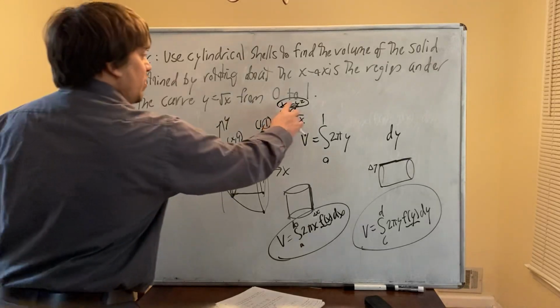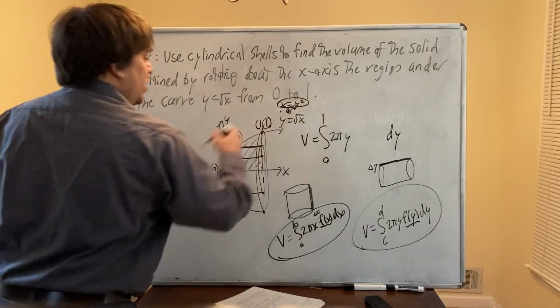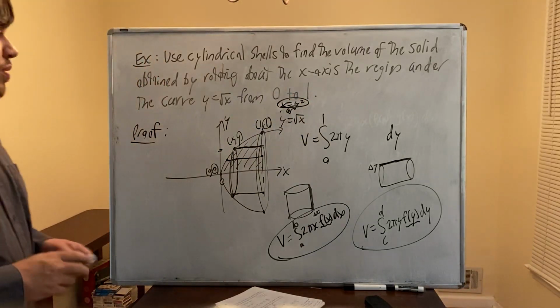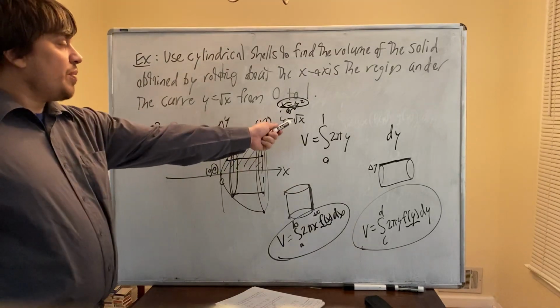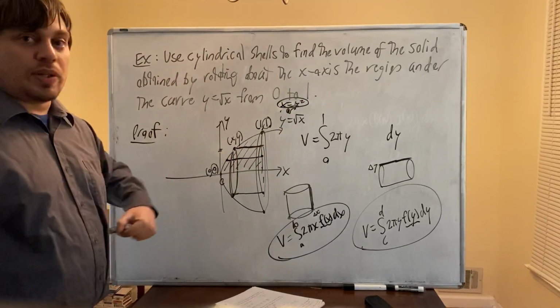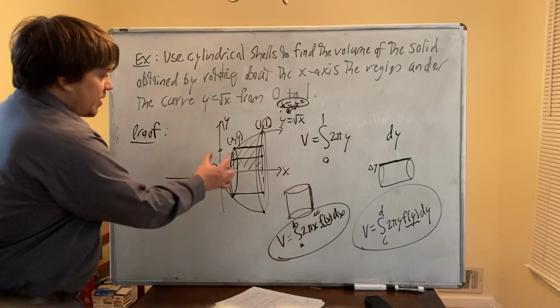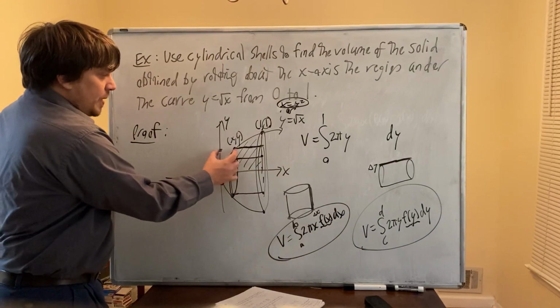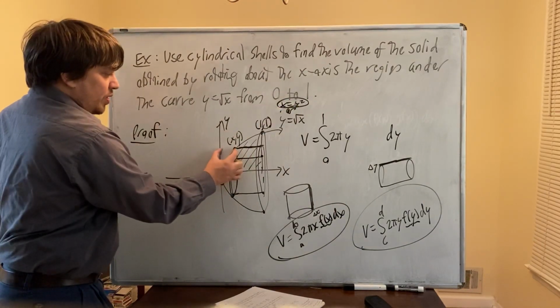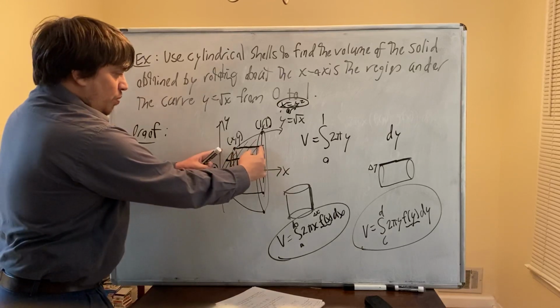So we're going to think of the graph of the equation y equals x squared as y equals the square root of x. Instead, we're going to think of it as the graph of x equals y squared. And so that means that this x distance here at this point is equal to y squared. The whole thing is 1.